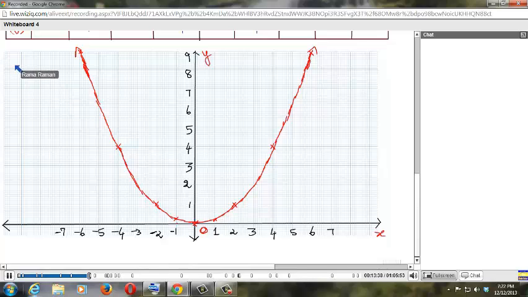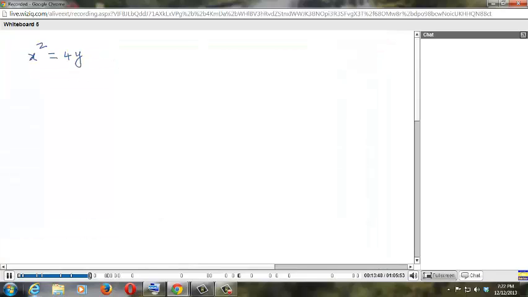Then, by looking into the equation of the parabola, we can find out the focus. x square is equal to 4y is the equation of the parabola. Now, if we compare this with the form x square is equal to 4ay, we get 4 times 1 times y, which means a is equal to 1.